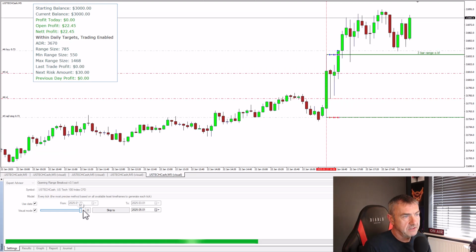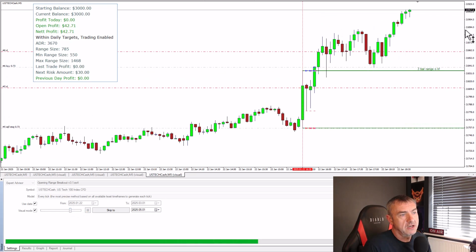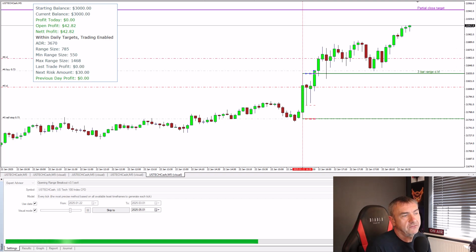So we've broken to the upside there, and we're on our way. As you can see, we also have 2 other things happening on the chart here. We've got a trailing stop loss here, which has just kicked in. So there is a trailing stop facility, which we'll cover the inputs for in a moment, but you can set that to automatically start triggering after the market has moved a certain distance, and you can decide how big you want that trailing stop loss to be.